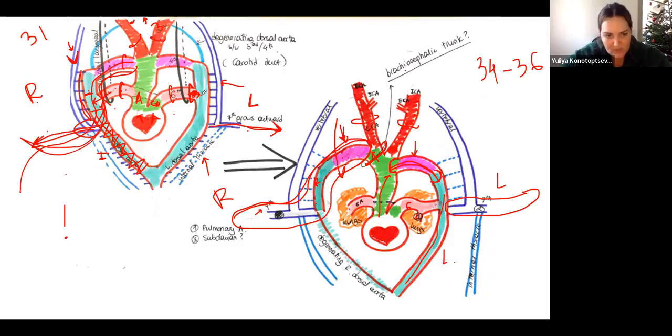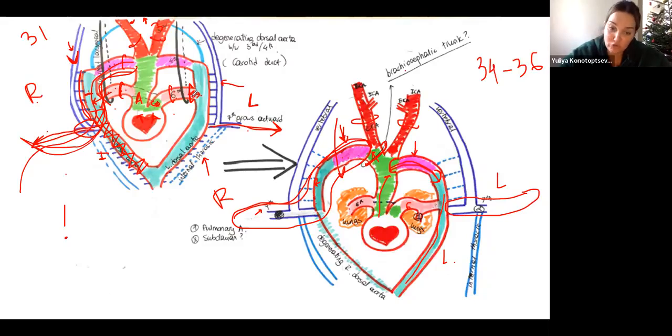What is the purpose of the ductus arteriosus? Ductus arteriosus allows to bypass the lungs. Think about it. Do we need to send blood to the lungs for oxygenation? You are an embryo. Embryo is not breathing, it's not using the lungs. Where does oxygenation happen? In the placenta.